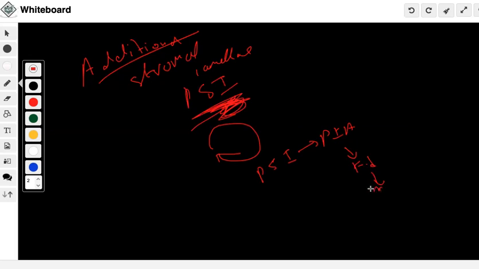You know the sequence, right? Then it goes to the cytochrome complex, then from the cytochrome complex to plastocyanin, and finally it comes back to photosystem 1.